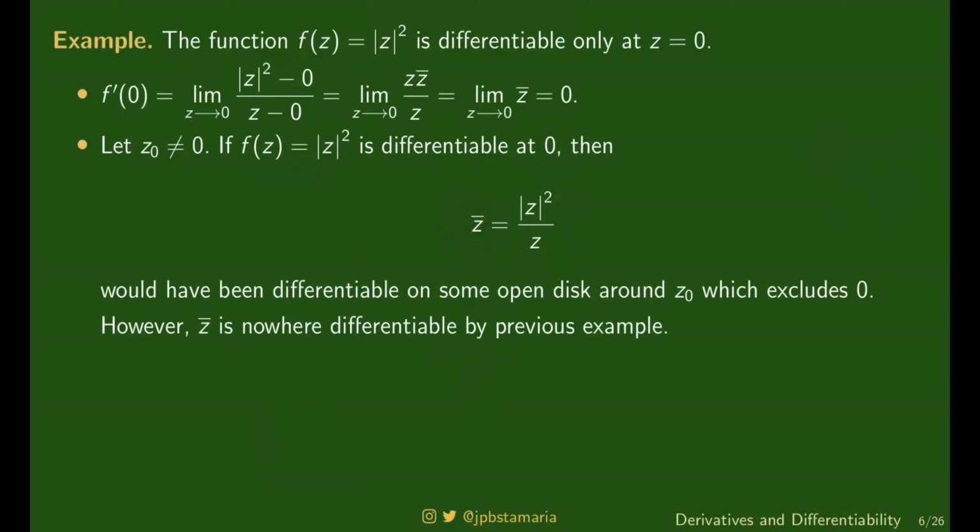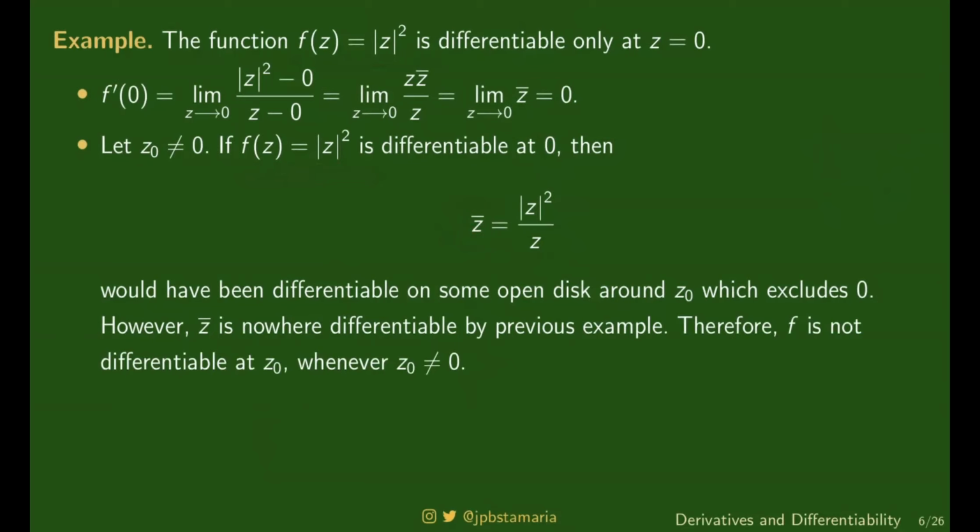Kasi yung z bar ay quotient ng absolute z squared divided by z. And by the previous example, yung z bar na ito is nowhere differentiable. That's a contradiction. So, dapat hindi ito differentiable. Okay? So, as you can tell, itong function na ito is differentiable only at the origin and nowhere else. Okay?